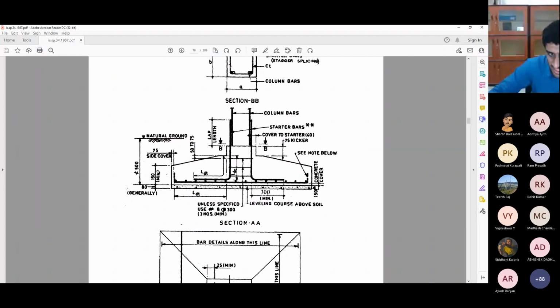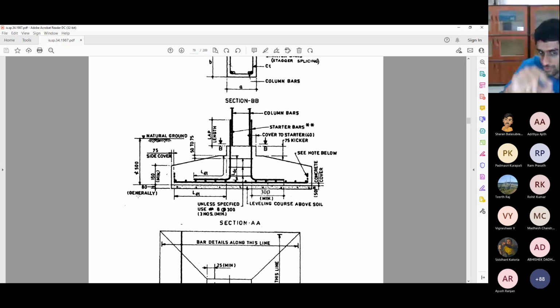Okay. So generally, 80 is not the cover. They give a PCC layer below the footing. You see this 80 in a bracket generally. That refers to a PCC layer, a plain cement concrete layer, which is given so that the footing is not directly in contact with raw soil, just to prevent it from directly resting on raw soil and to make the surface even.